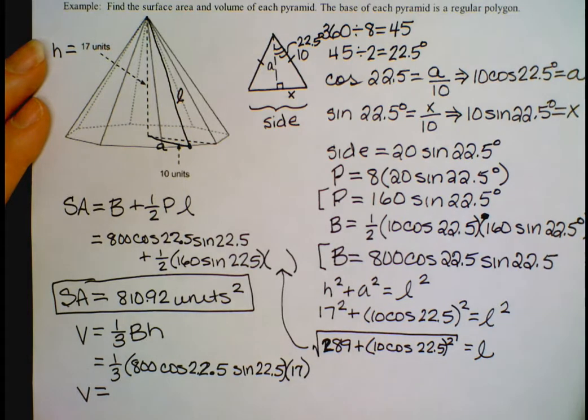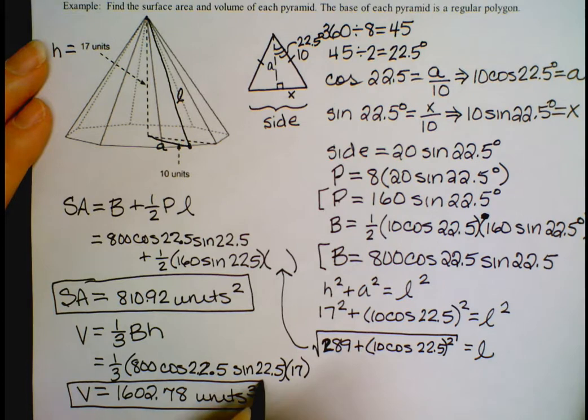So our volume in this case is 1/3 of 800 cosine 22.5 sine 22.5 times 17, which is 1602.78 units cubed. And that takes care of finding the volume.